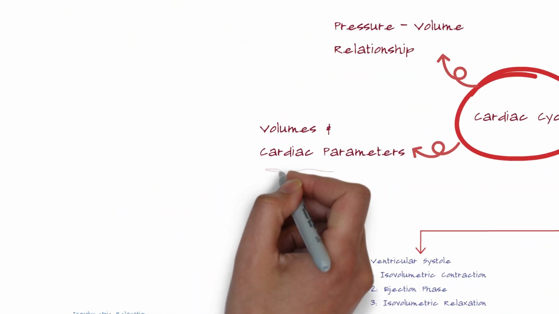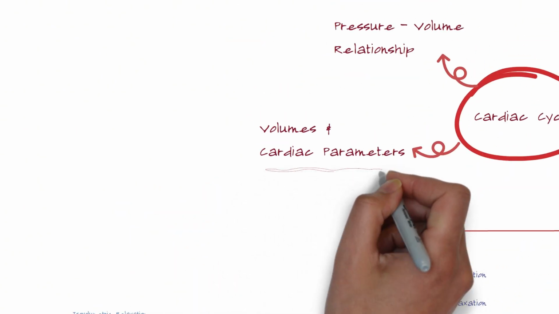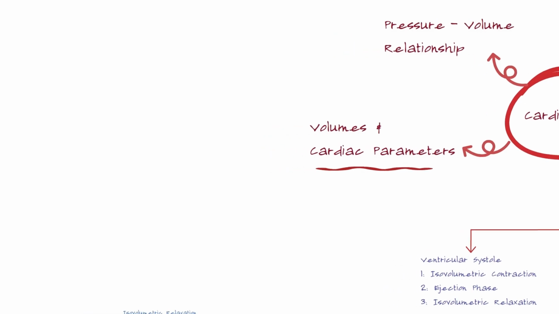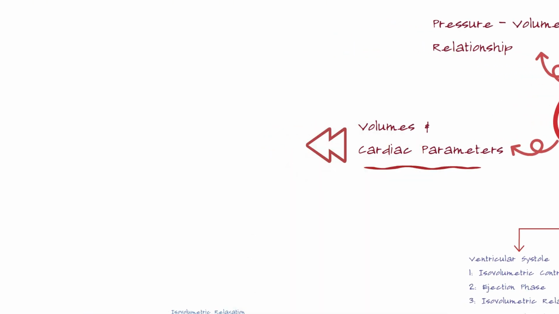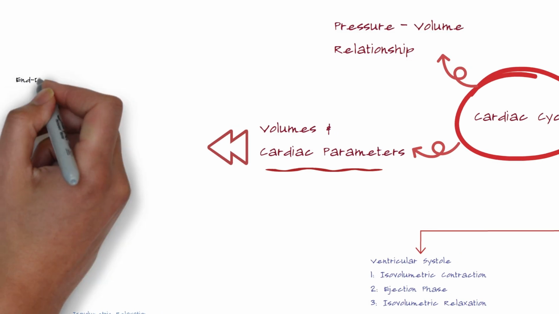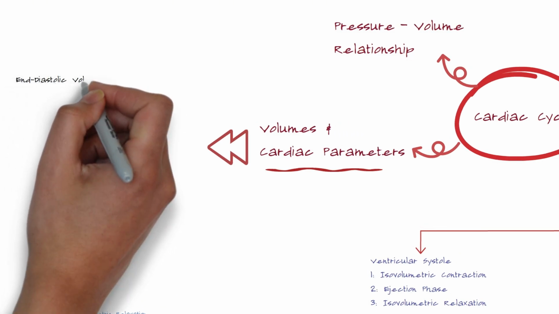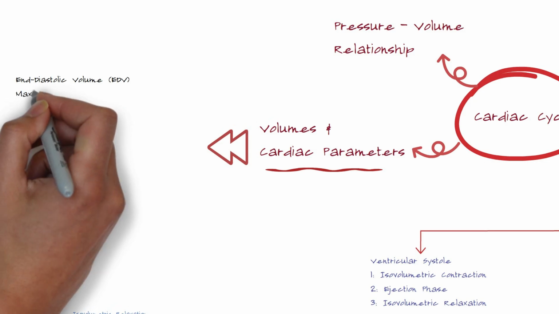Now let's focus on the important numbers you must remember. First, the end-diastolic volume, which is the maximum blood in the ventricle at the end of the diastole, and it's around 120 milliliters.